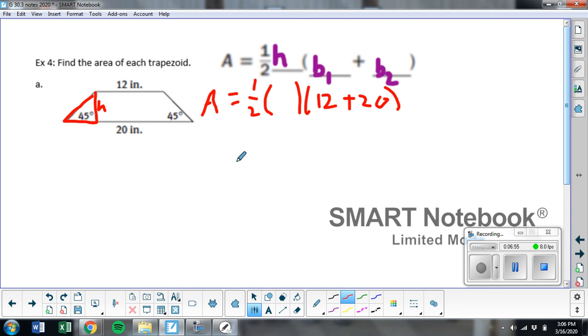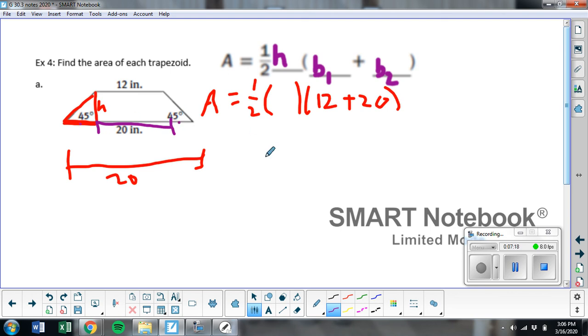That's my height. So right now there's not many numbers in this triangle, but I can figure out this one down here. Because if this whole thing is 20, and this is 12, then these two parts are alike.